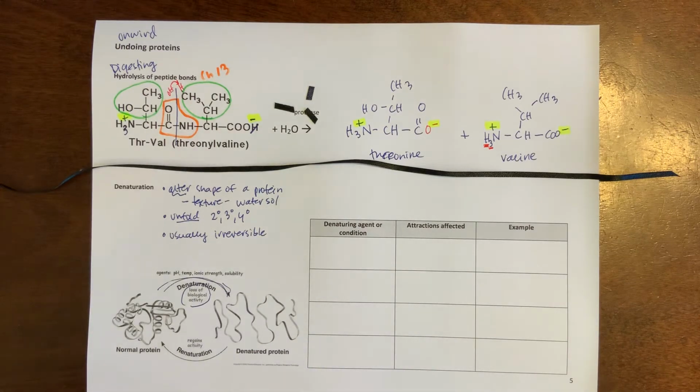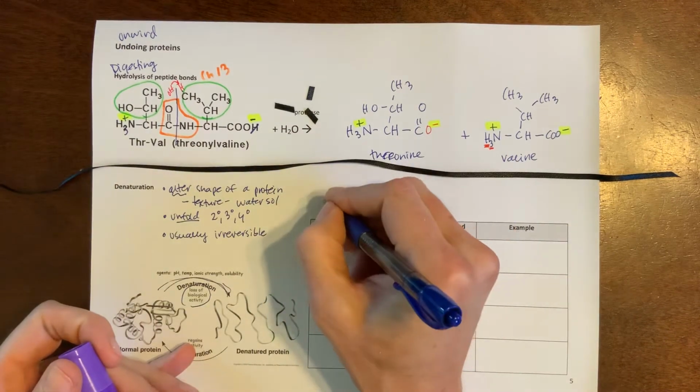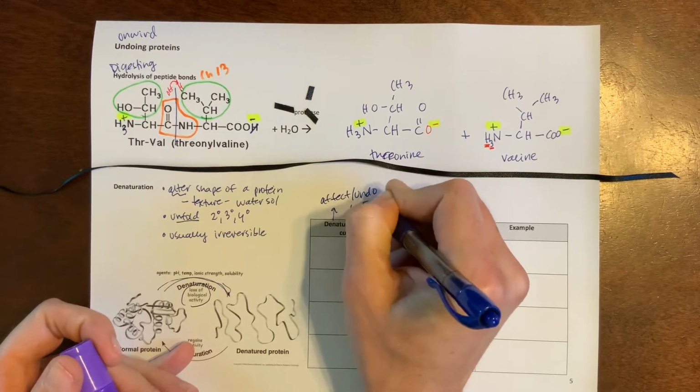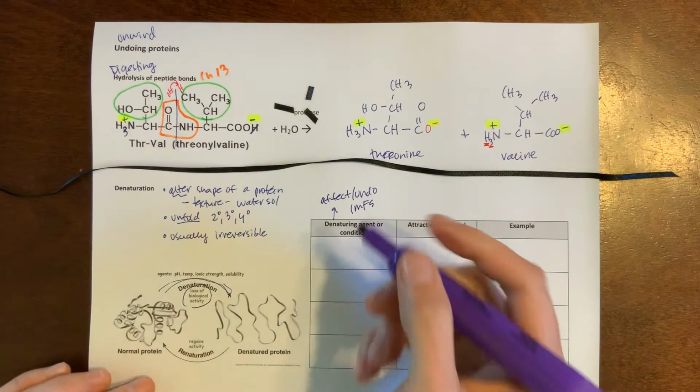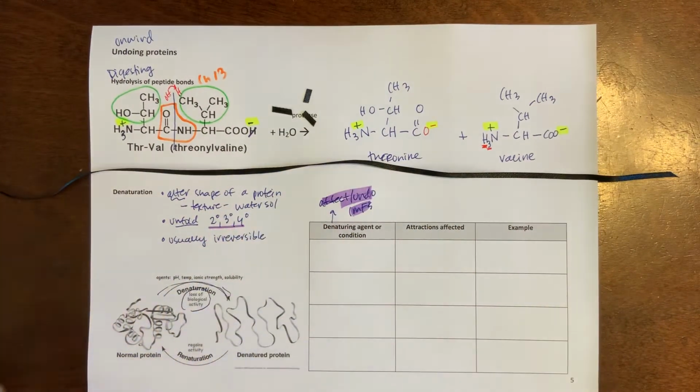And again, you've interacted with some of these before, just maybe not thought of it. So this denaturing is going to be gentle enough that it's going to affect or undo my intermolecular forces. And so that's what we had seen in this secondary, tertiary, and quaternary structure, was intermolecular forces.